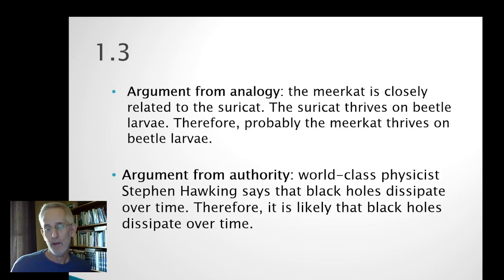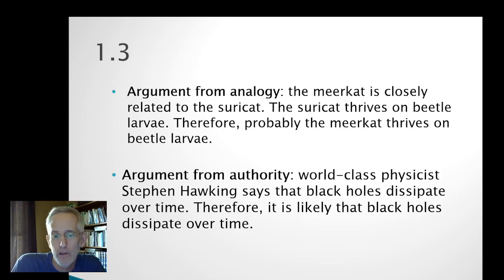We'd prefer direct proof, but sometimes, for example, in this case, where it requires special and advanced expertise to prove such a claim, then we have to defer to somebody who's an expert in the field. So Stephen Hawking was a world-class physicist, and so given those credentials, we could refer to him as an expert in the field. Black holes, in fact, were one of his primary areas of study.